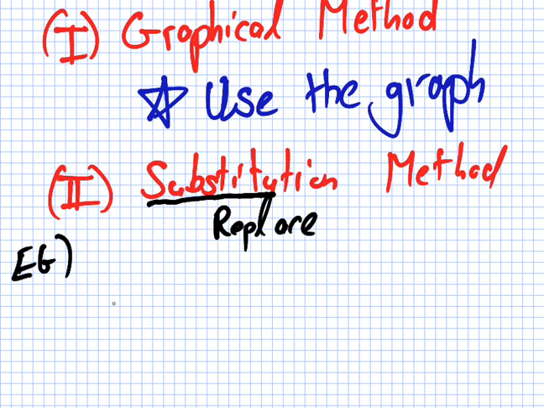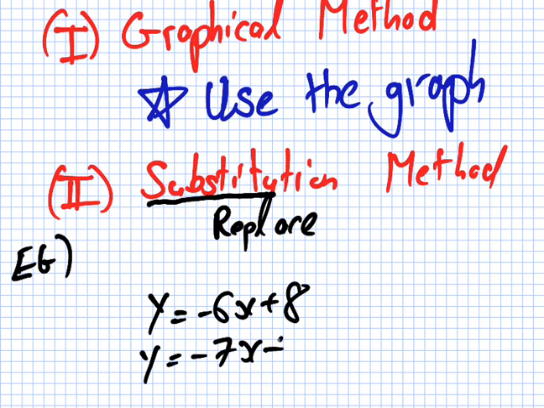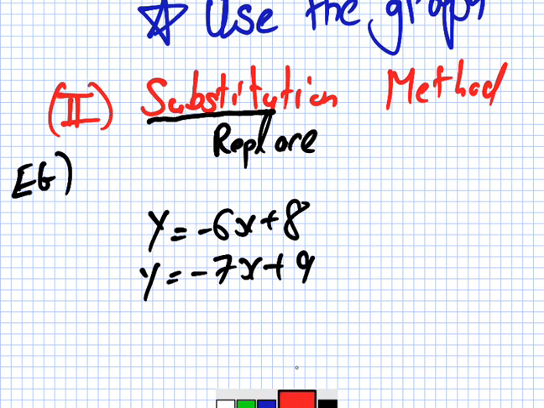So for example, let's use the same one we did a moment ago. y equals minus 6x plus 8 and y equals minus 7x plus 9. The substitution method means you take y here, y is equal to this, and you put it in here for y.